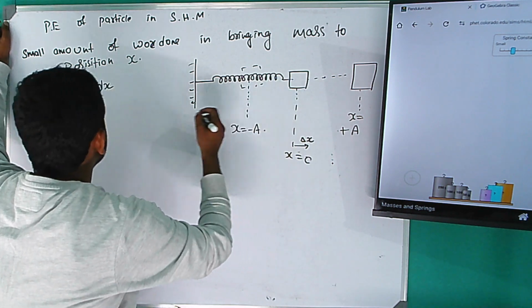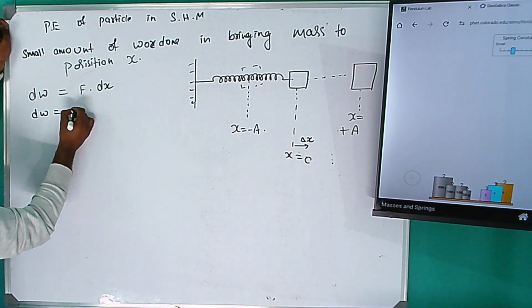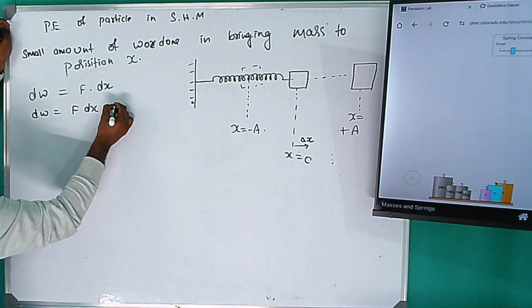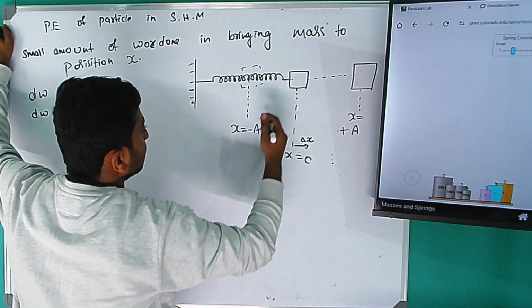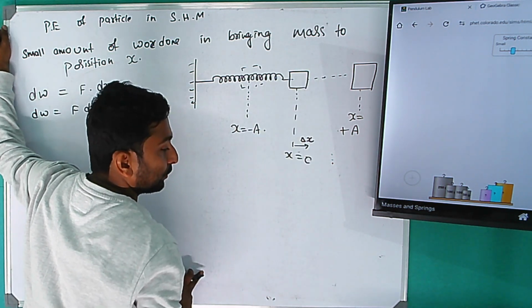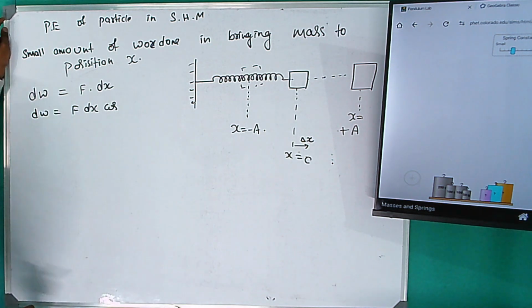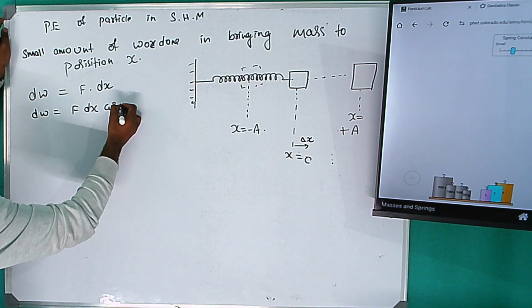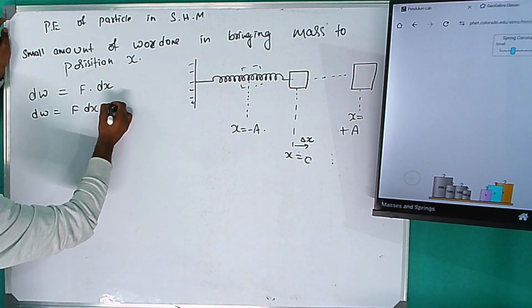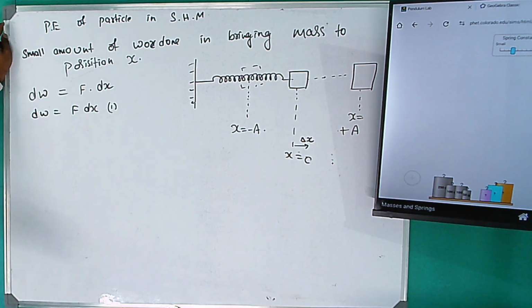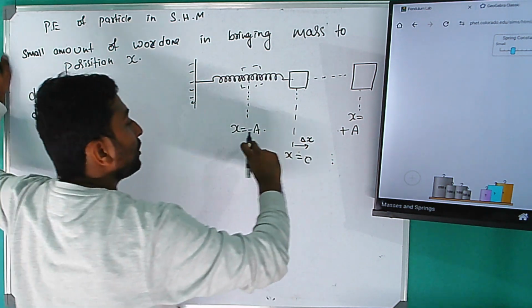What is dot product? dw is equals to f dx cos of theta. What is theta? Angle between force and displacement is 180 or 0. Cos 0 or cos 180 is 1. So this term vanishes. It becomes 1 actually. So f dx is a small amount of work done by moving a particle through a small displacement.